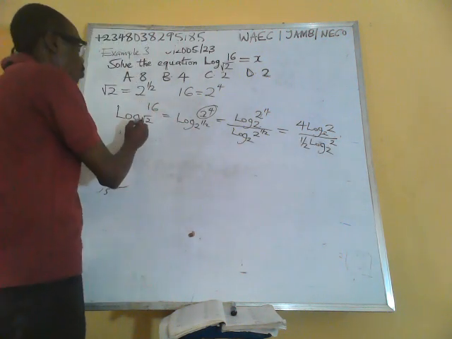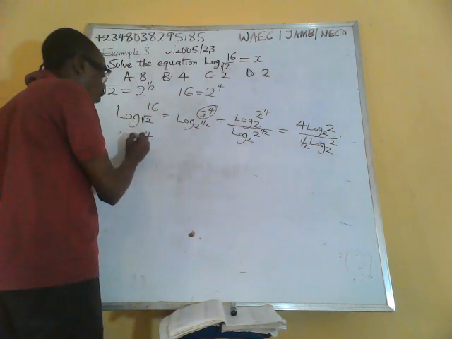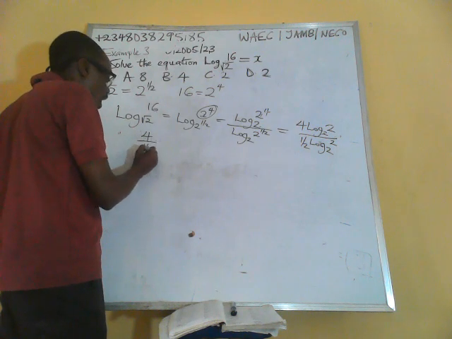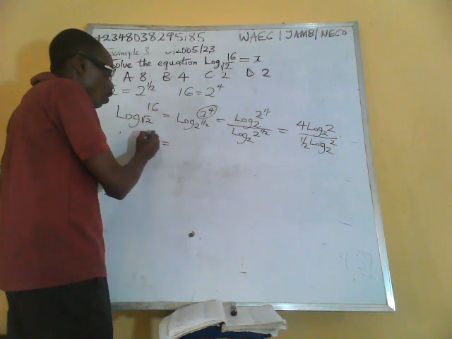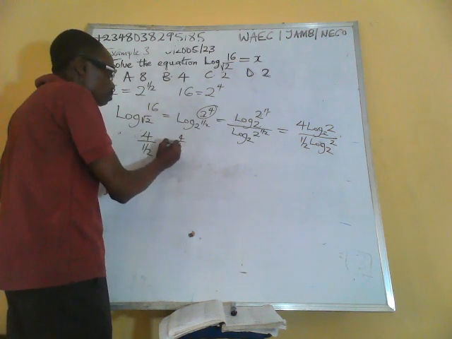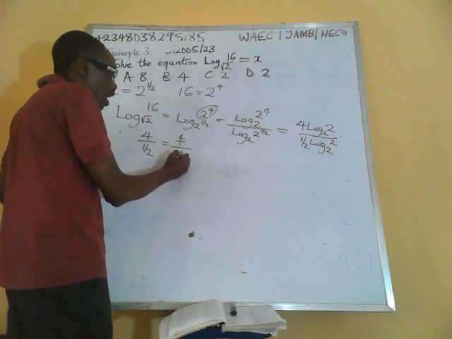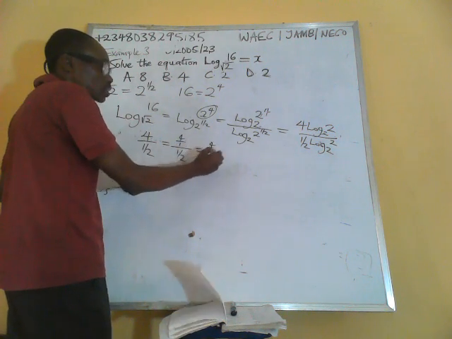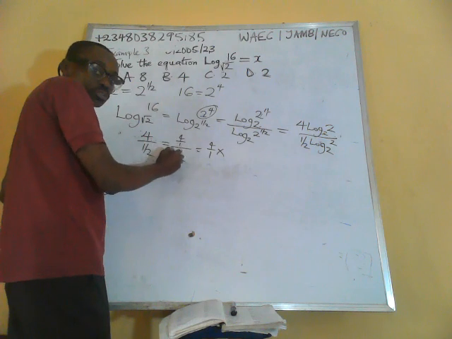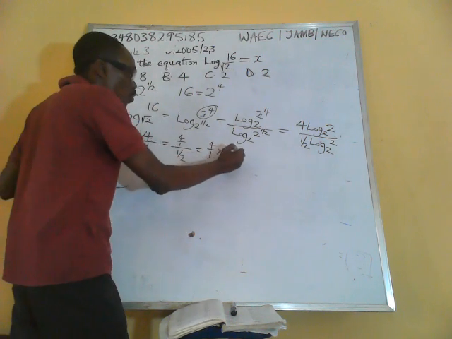So that gives you 4 all over half, which can be simplified as 4 over 1 divided by half. So this is simply 4 over 1 times the reciprocal of this, which is 2 over 1.